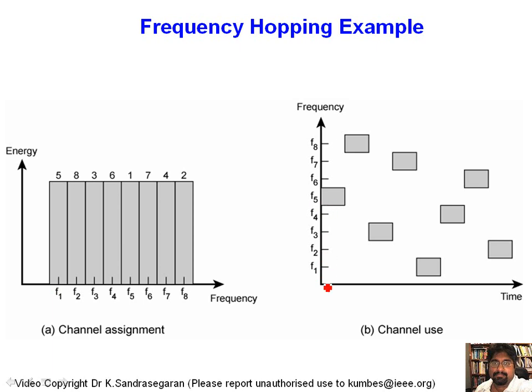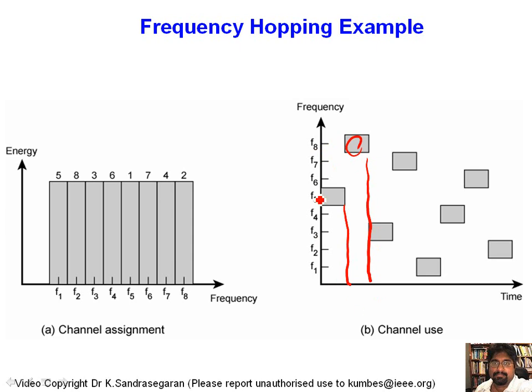Instead, for this period of time here, you are transmitting the signal at frequency F5. For the next period of time between there and there, you are transmitting at this particular frequency and so forth. You are hopping the frequency so fast that for somebody looking at the transmitted signal, it looks as if the user is using that entire band of frequencies.